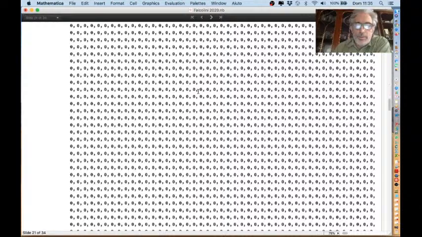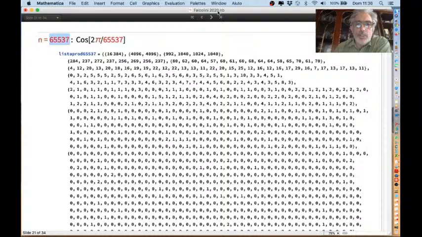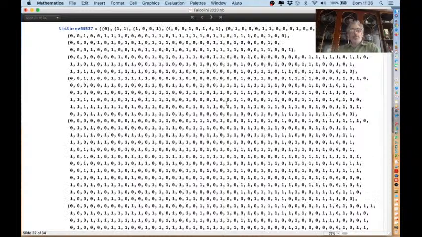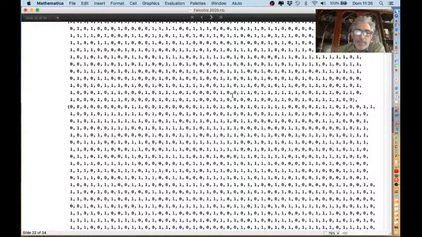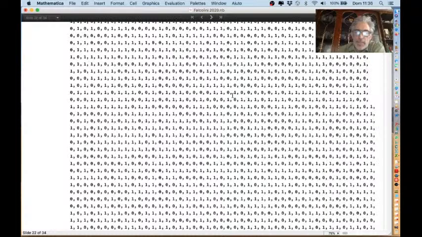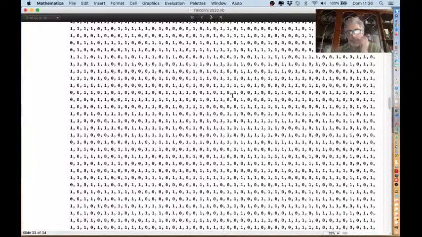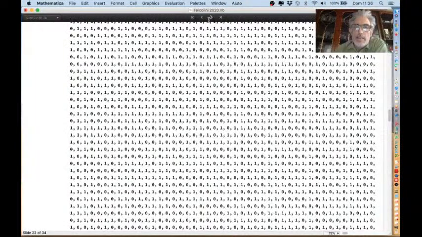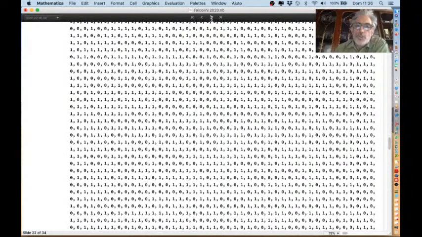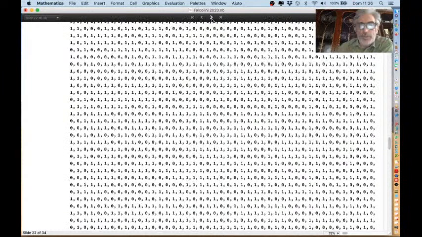The number of entries is related to 2 to the power n. So n is very large, and these numbers are very large. This is the second list of numbers that we used before, and with the same length. But you can see that there are a lot of zeros, but also many ones. Okay, so in principle it can be done also for the last prime Fermat numbers known.